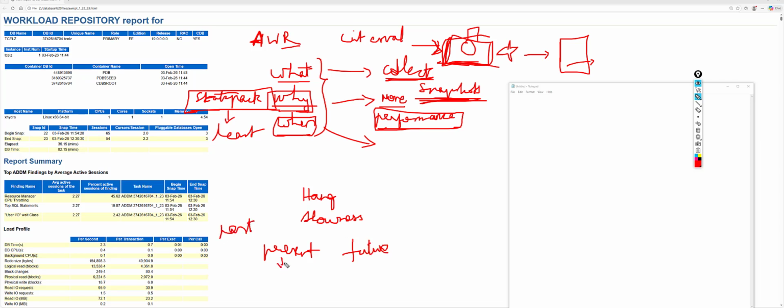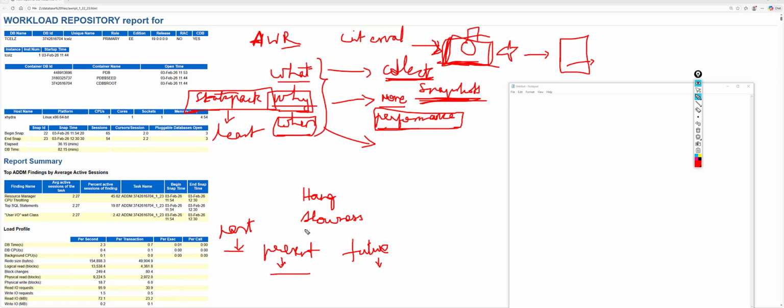Present means the current moment, past means the memory, the historical incident, and future means what is going to happen. Here you cannot say that the snapshots collected in the last 1 hour or last week, which come into the past, but still the current snapshot that is collected will come into the present.